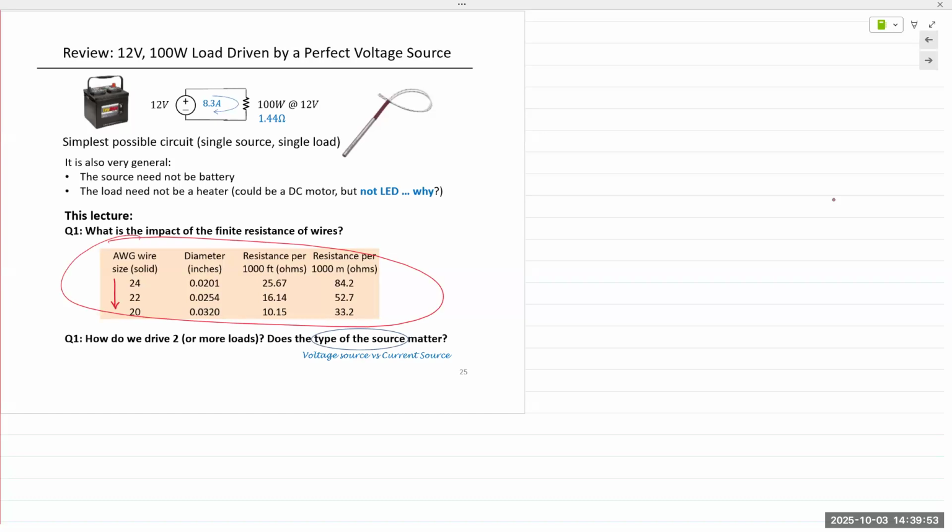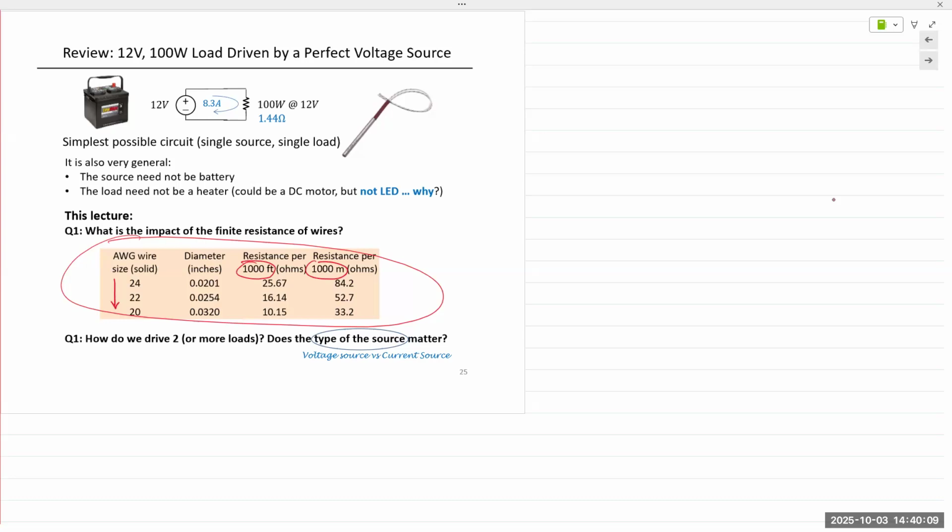And so columns 3 and 4 show you the typical resistance of a typical metallic conducting wire over 1,000 meters, meaning it's 1 kilometer long.